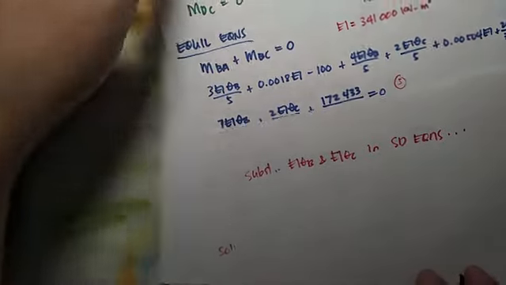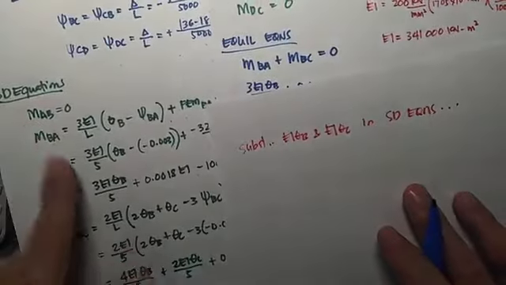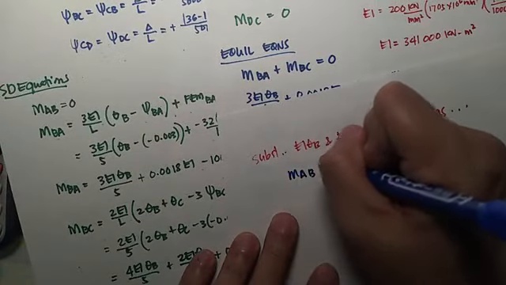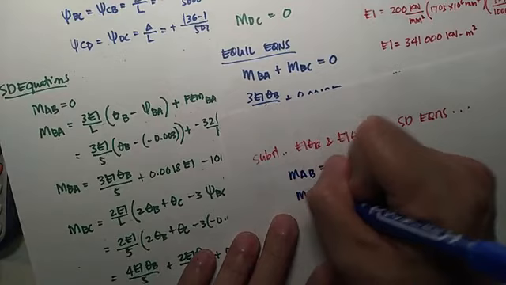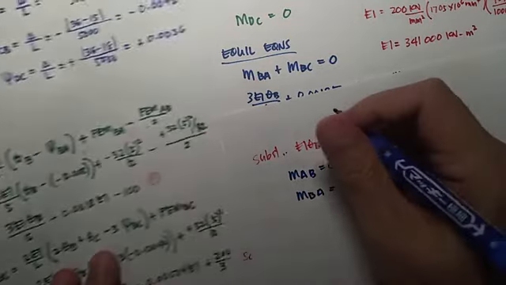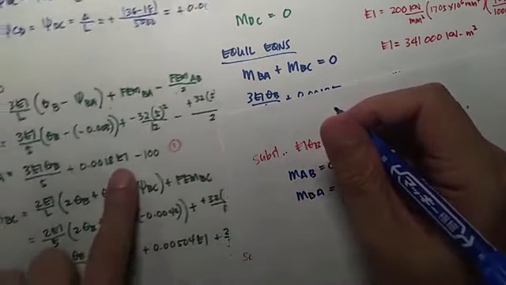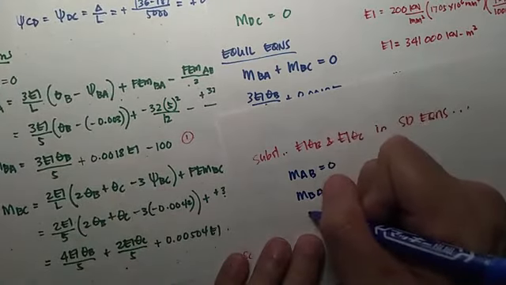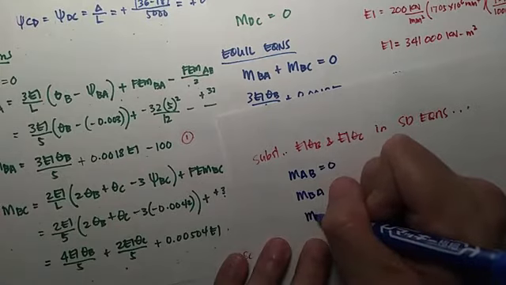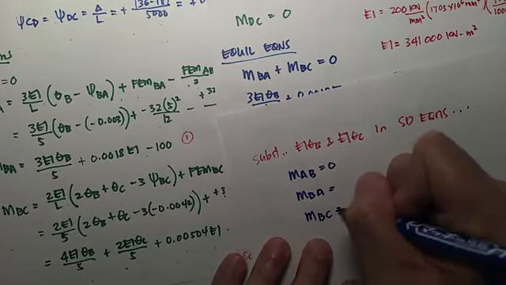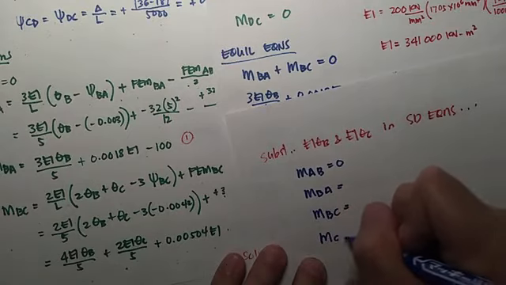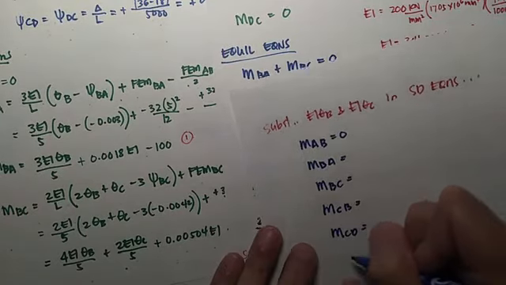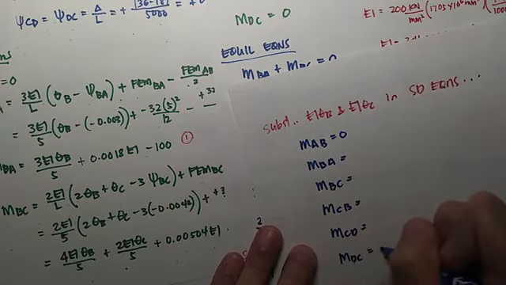So let's say ano yung mga slope deflection equation natin. So of course yung MAB natin 0 na siya. So yung MBA makukuha na natin yan in terms of theta B, EI theta B and EI are given naman. Tapos ganun din yung sa MBC, MCB, MCD, and MDC of course is equal to 0.